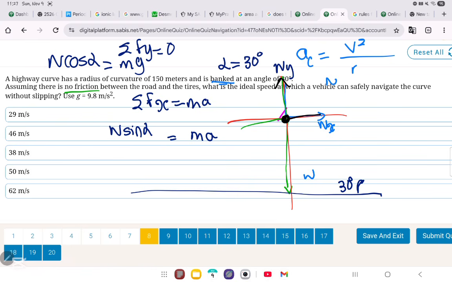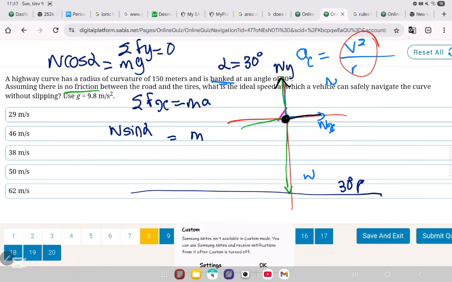Now, because we're dealing with a curve, the acceleration is v squared over r. So we can substitute over here a with v squared over r. Okay, perfect. Now, what do I need to do? I need to get rid of n, and I need to get rid of m because I don't have the values of m or n. So what do I do in this scenario? I'll just divide by the equation n cosine alpha equals mg.